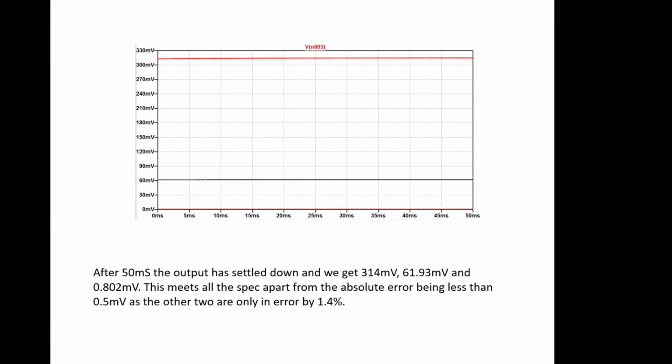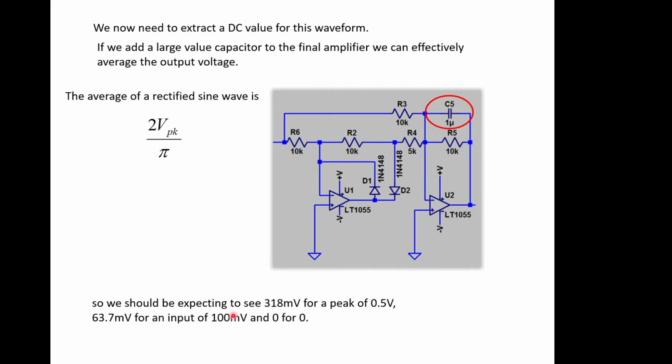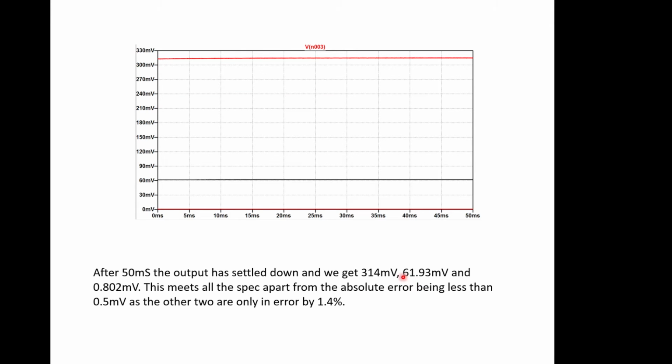I forget what it was now. Input of 100 millivolts, so a peak of 100 millivolts gives us an average of 63.7, and we actually get from the simulator 61.93, so again we're not far off. And then for 0 in we get 0.8 of a millivolt out, which is, you know, not bad.